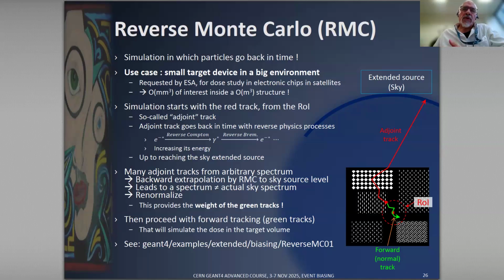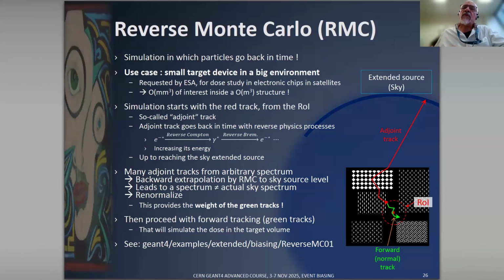Then you know the actual spectrum on the sky, and you just need to normalize by the ratio of the two spectra, so that you get the weight of each track which has been generated backward.